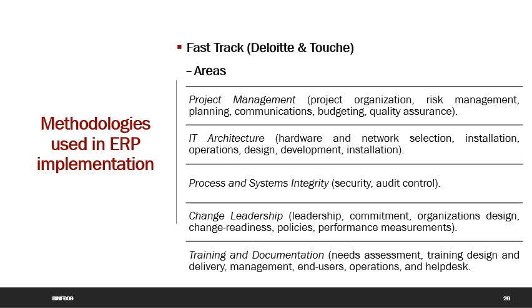The second area is information technology architecture, which includes hardware and network selection, procurement and installation, operations, software design, development, and installation. The third area is the process and system integrity, and includes security and audit control functions.